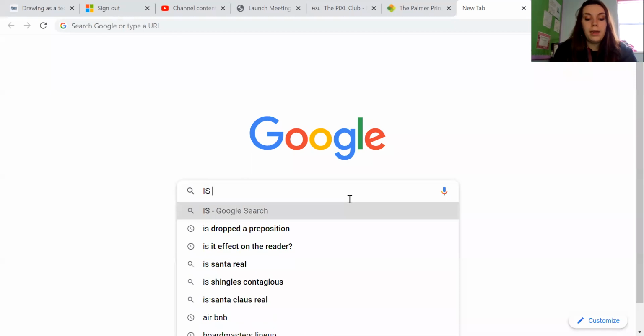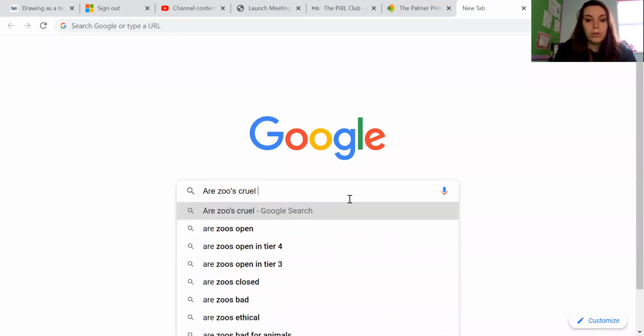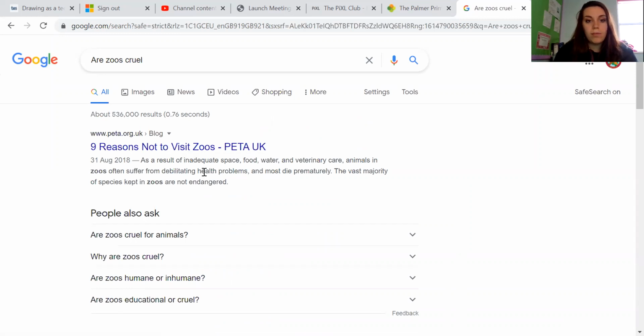So let me see if I can share this with you. Here we go. So I'm just going to get Google up and I'm going to type in, are zoos cruel? So I've already got something that says inadequate space, food and water. So inadequate means not a lot of food, not a lot of space.